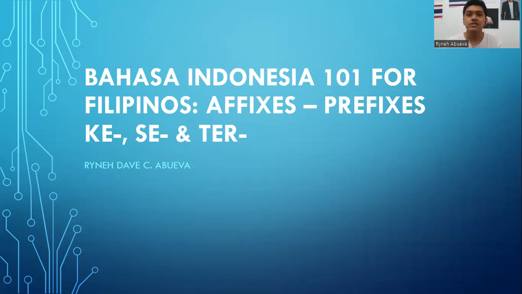And also the prefixes which are used for the doer of an act, or sometimes to create a noun. So let's continue. We're going to discuss the prefixes ke, se, and te.